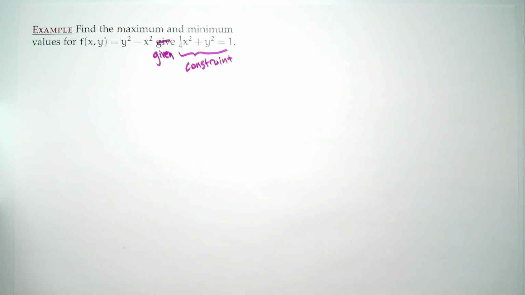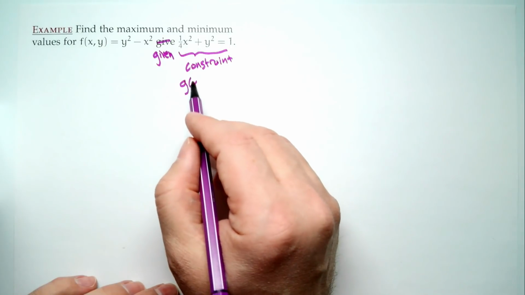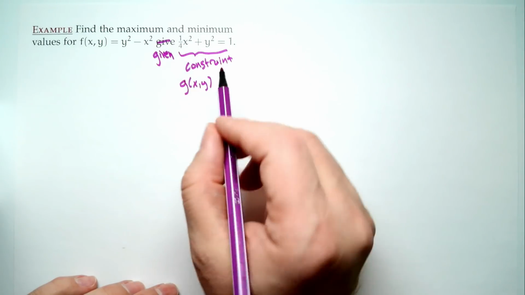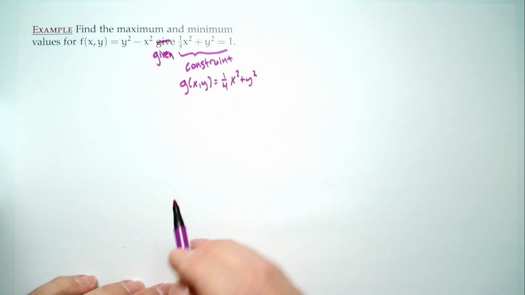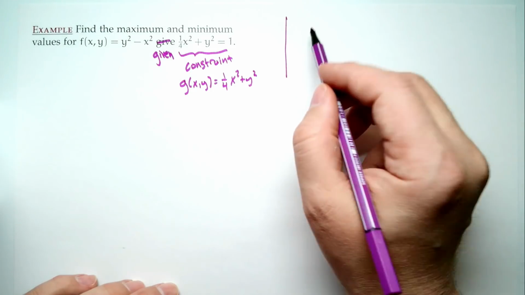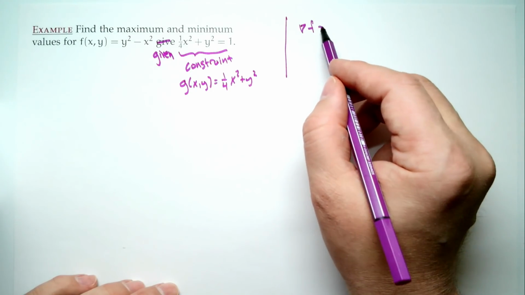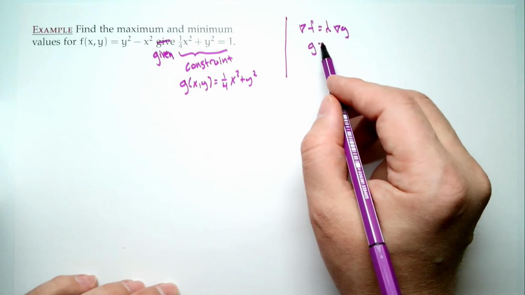All right. So we can say, going through the process, that g of x, y is 1/4 x squared plus y squared. So we are going to set up our system of equations. Recall, gradient of f is lambda gradient of g, and the constraint, g equals c.